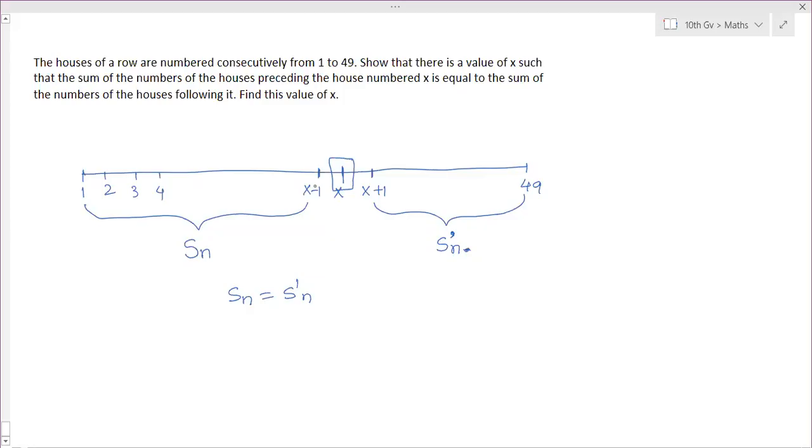So the X minus 1th term is X minus 1. So the number of terms on this side is X minus 1. Clear? Yes, ma'am. So here n is equal to X minus 1. The first term is 1 and the nth term is X minus 1, for the sum of all the house numbers on the left hand side.